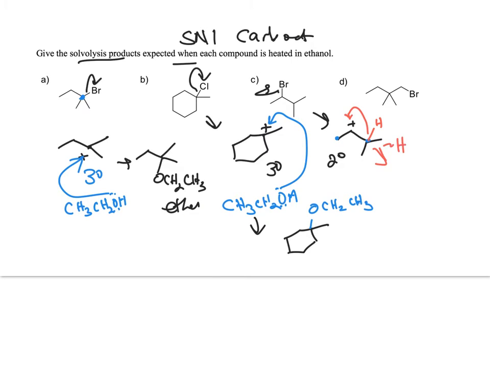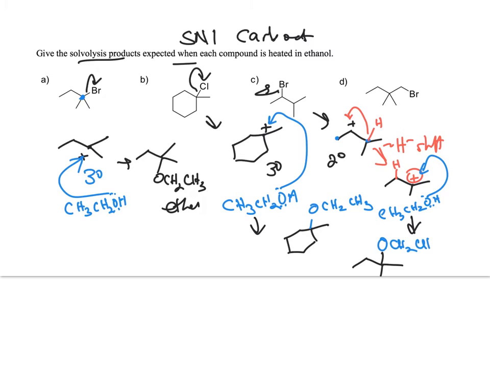You're going to get a hydride shift, and your new carbocation will look like this. And then your ethanol will come in as a nucleophile, and you will get this product here, that ether.